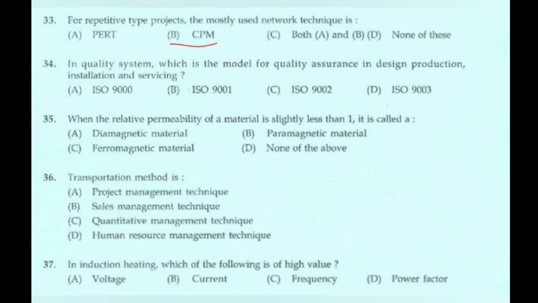Question number 34. In quality system, which is the model for quality assurance in design, production, installation and servicing? Answer is option B. ISO 9001.